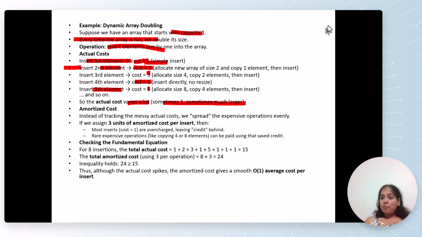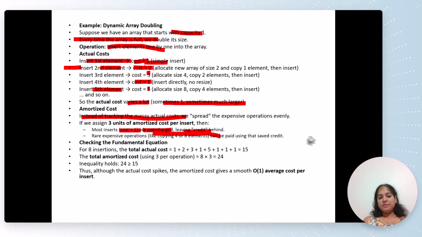So what will be the amortized cost? Instead of tracking the messy actual cost, we spread the expensive operations evenly. If we assign 3 units of amortized cost per insert, then most inserts, which cost 1, are overcharged, leaving credit behind. Rare expensive operations like copying 4 or 8 elements can be paid using those saved credits.